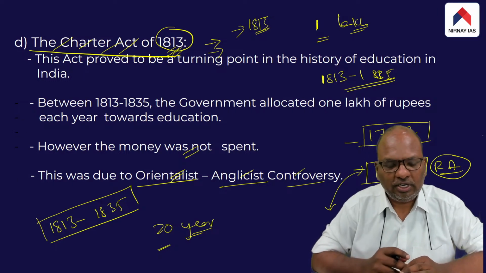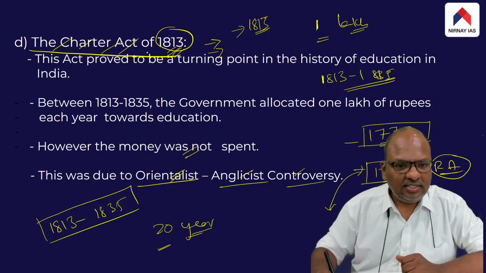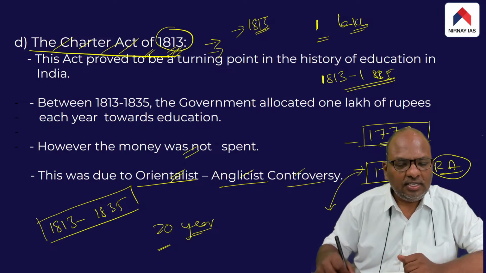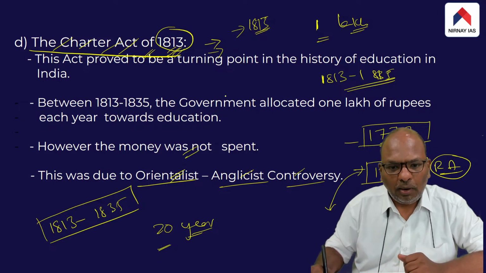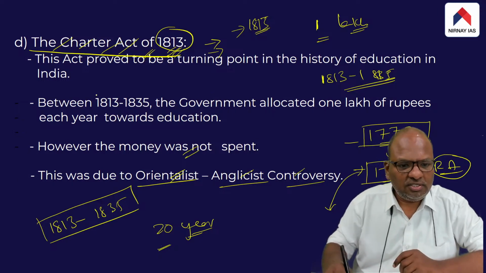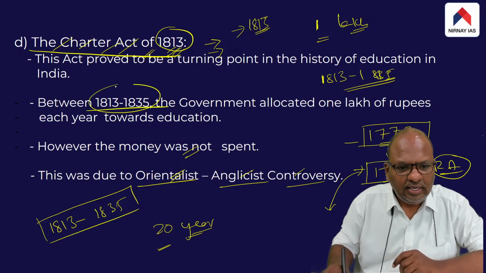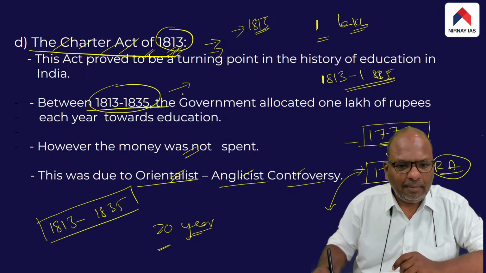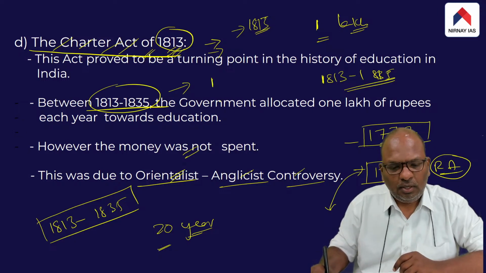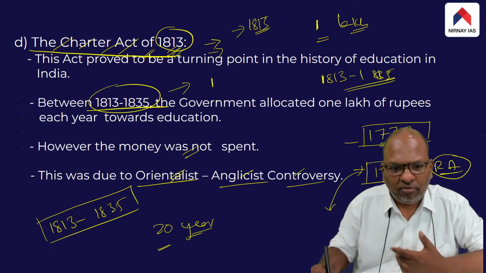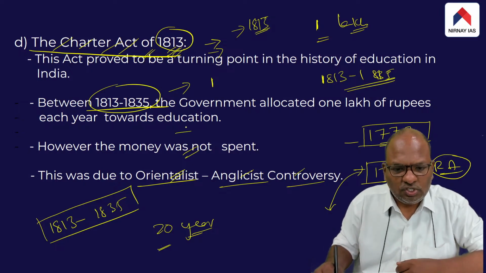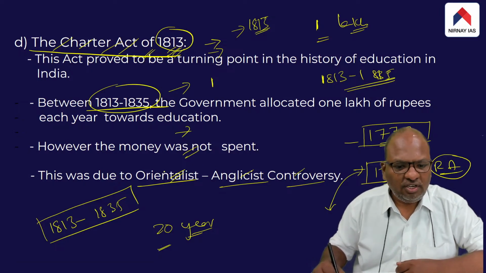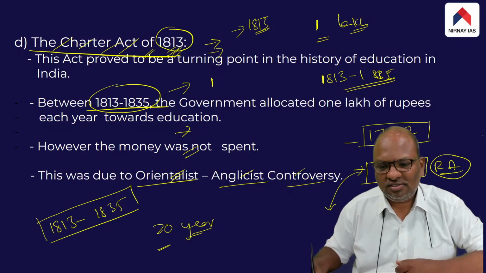So the whole point which I am trying to convey is, under the 1813 Charter Act, the East India Company became duty bound to spend at least 1 lakh of rupees annually towards education, and thereafter between 1813 and 1835, the company kept allocating 1 lakh of rupees annually, but the actual spending of money did not happen. The money was not spent because of the Orientalist Anglist Controversy.